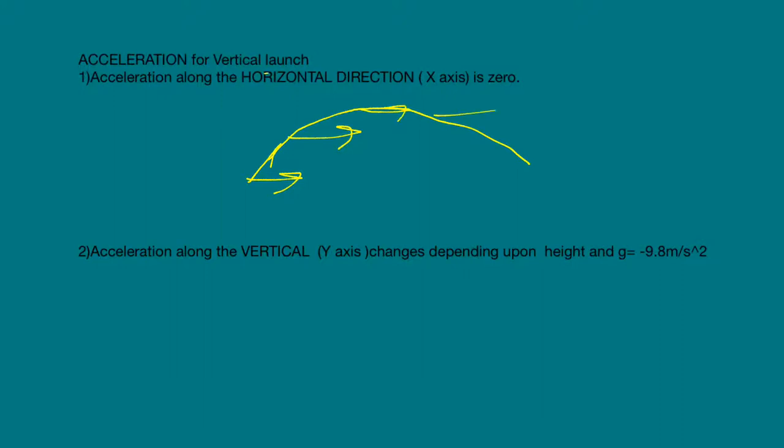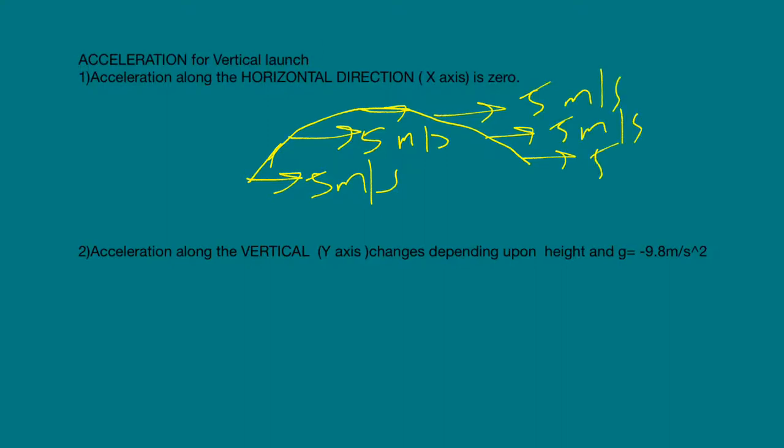Like 5 meters per second it was, here also 5 meters per second, everywhere it is 5 meters per second, which is parallel to the ground, along the x-axis. So the x component is constant.